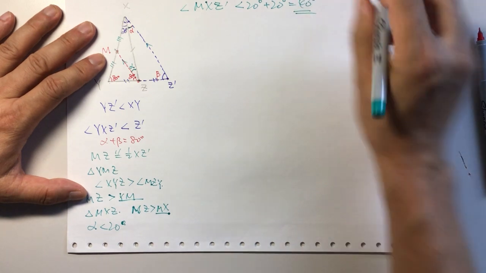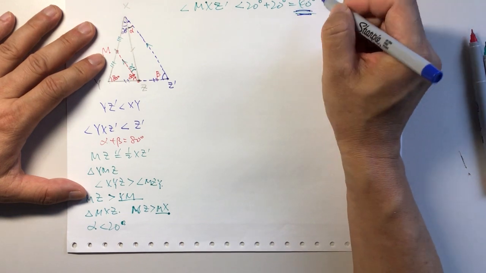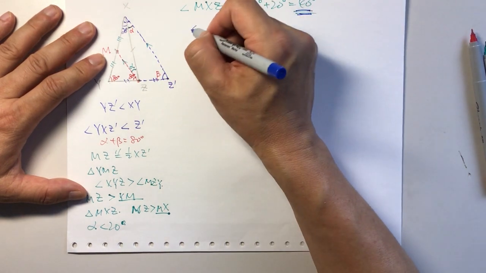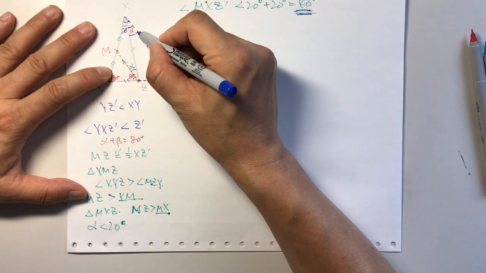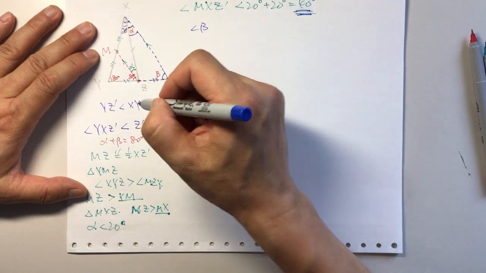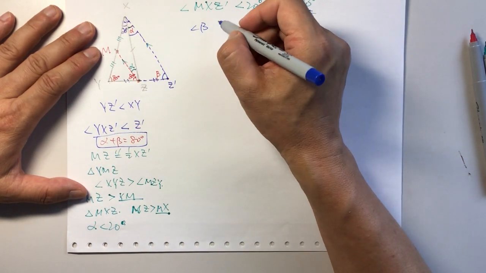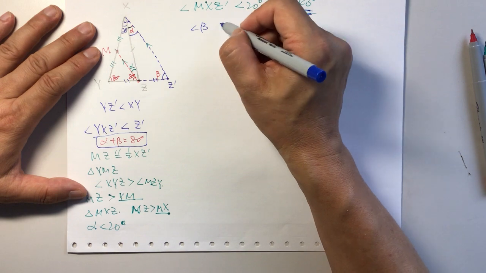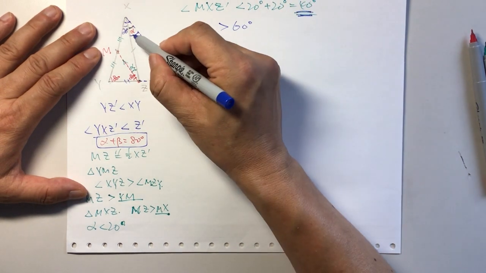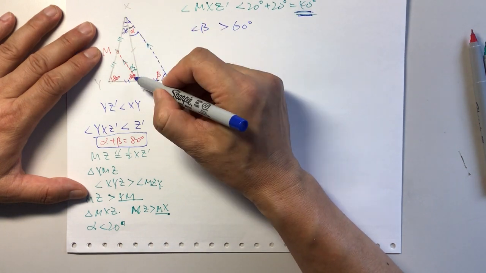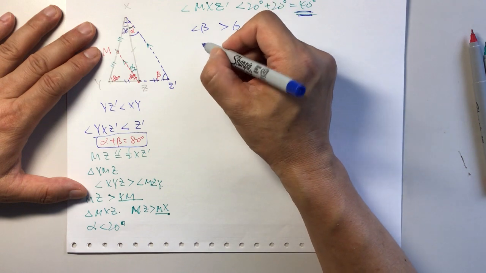40 degrees. That's important. If this is less than 40 degrees, then angle beta: alpha is less than 20 degrees, and we know alpha plus beta equals 80 degrees, so beta is greater than 60 degrees.